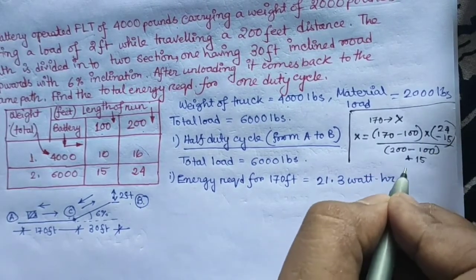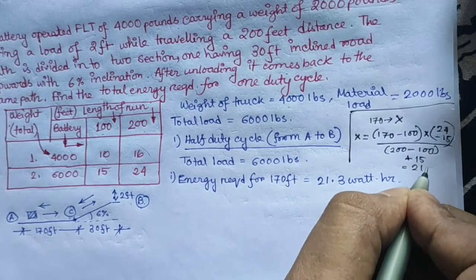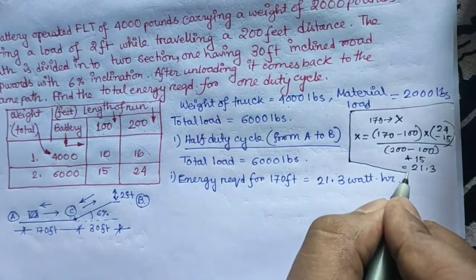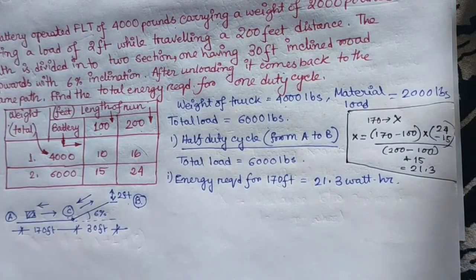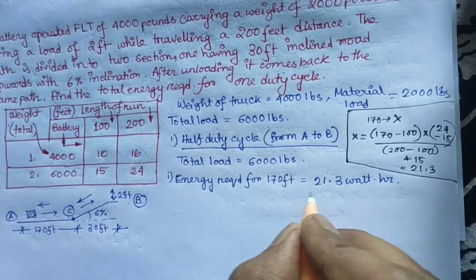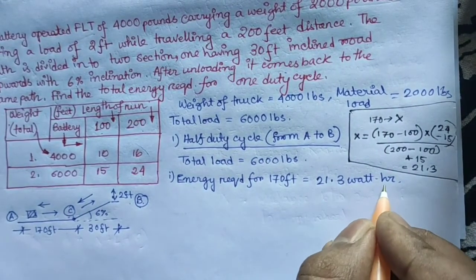So by this way we can find out it will become 21.3. Okay, so energy required for 170 feet, that is 21.3 watt hour.